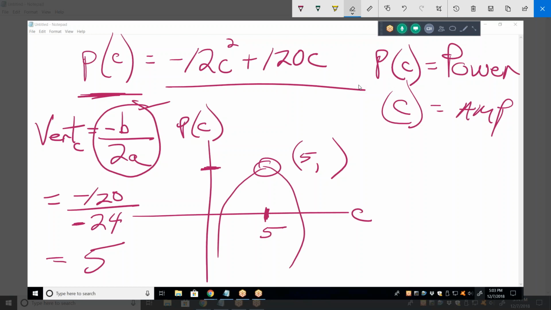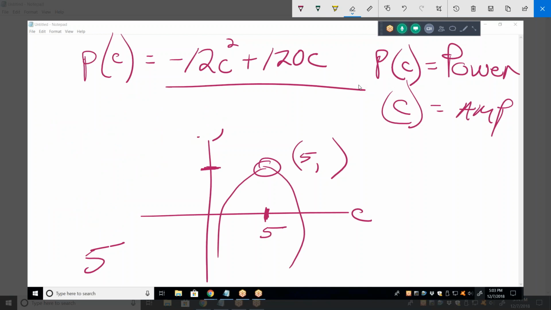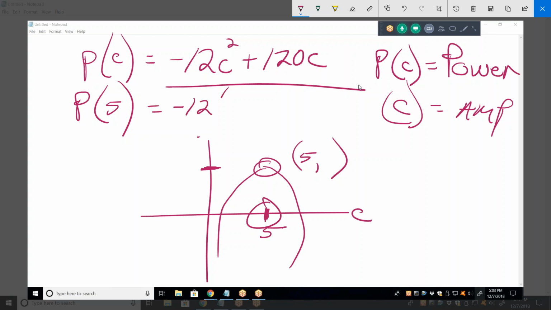You substitute the C value that we came up with in for C. In other words, we want to find out how much power is produced when C is 5. So at 5, we're trying to find the y value at 5.